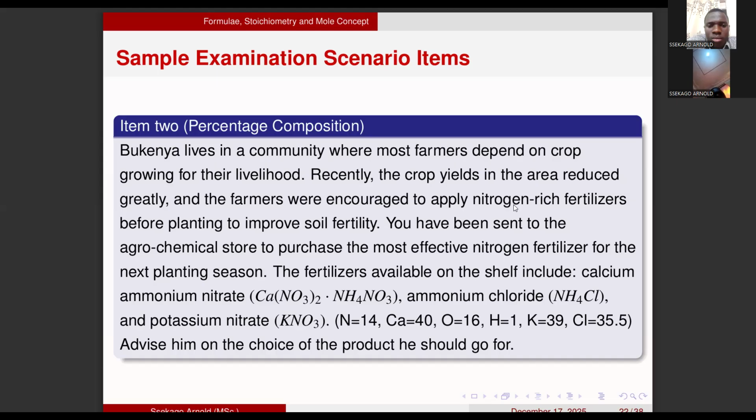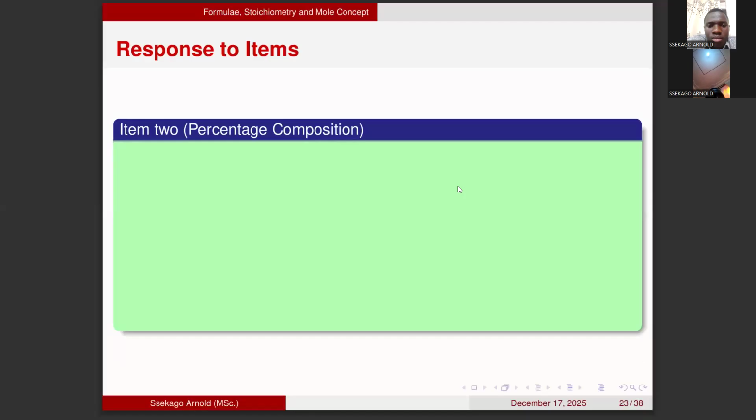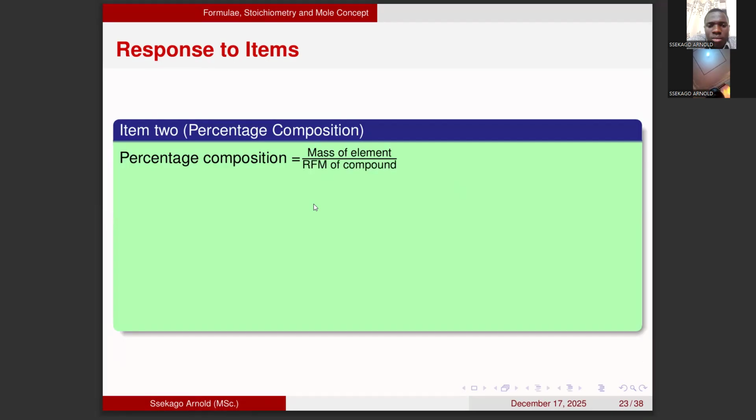As a result, recall that we have seen in the first item that percentage composition is given by mass of an element divided by relative formula mass, RFM, of the compound, then times 100%.